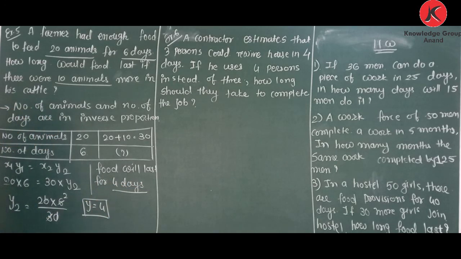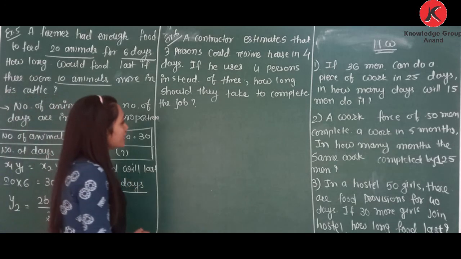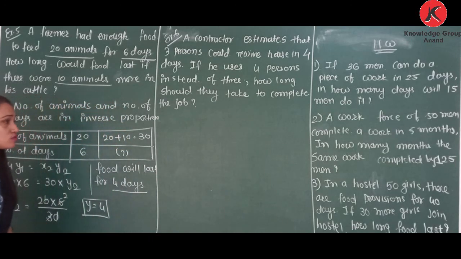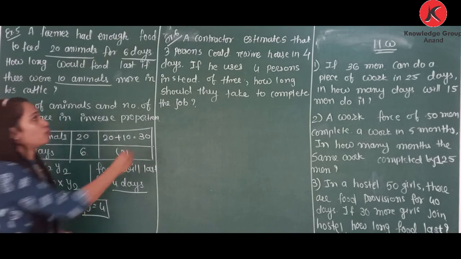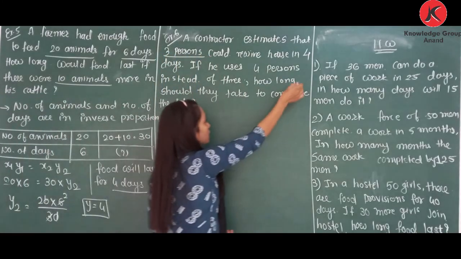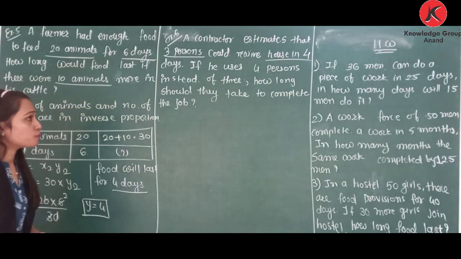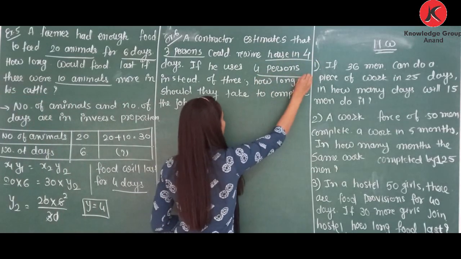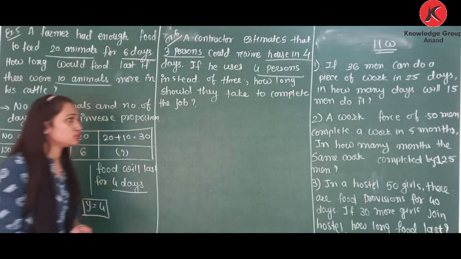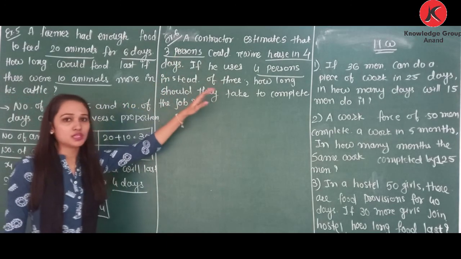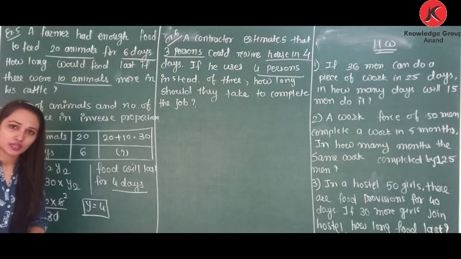Clear? Now next one. A contractor estimates that 3 persons could rewire house in 4 days. When 3 persons are working, work complete in 4 days. If we use 4 persons instead of 3, how long should they take to complete the job? So here, if the number of persons are increasing, time to complete the job is decreasing.